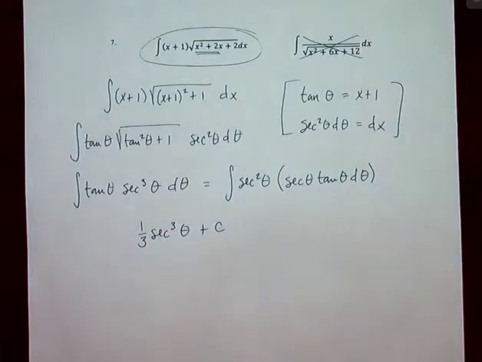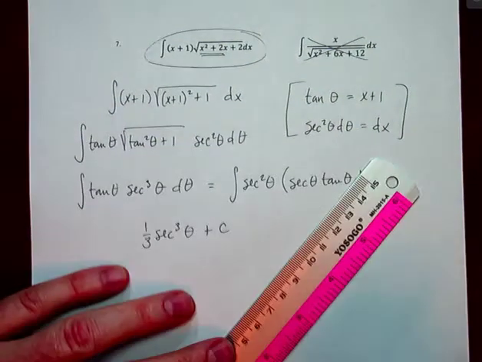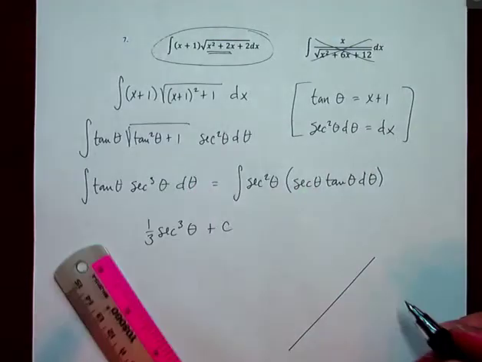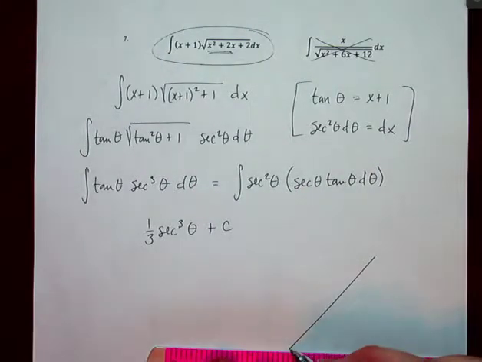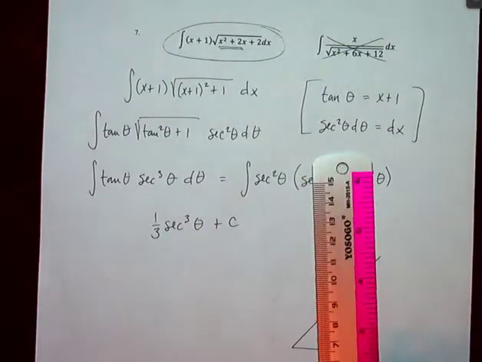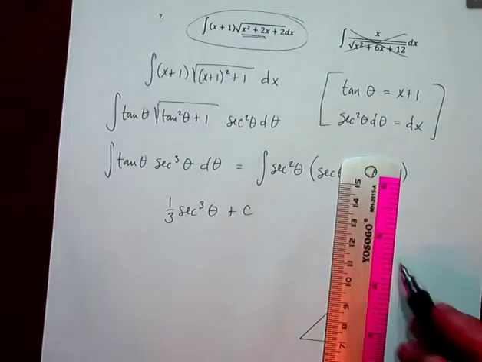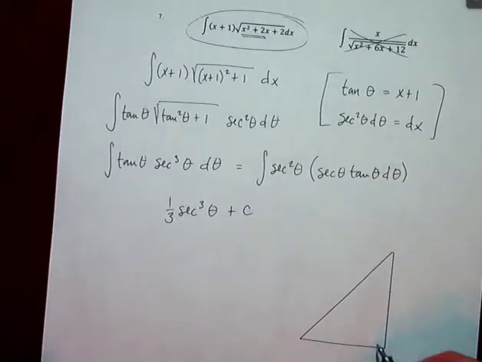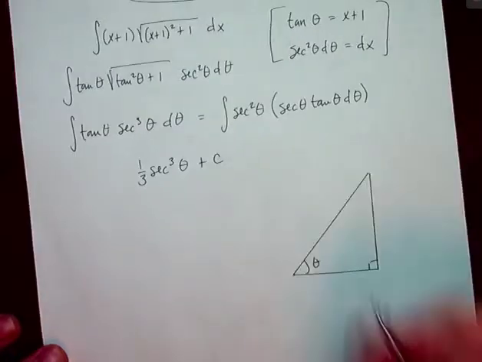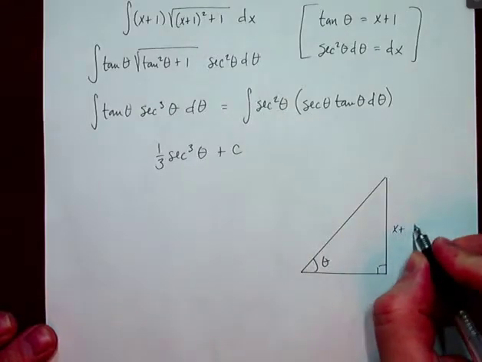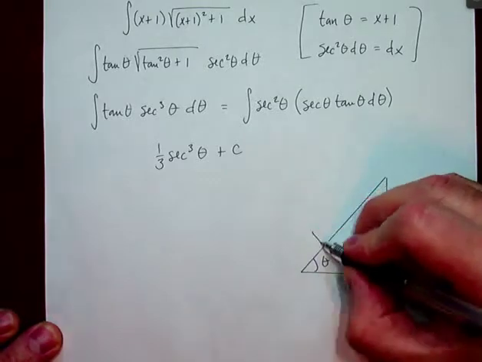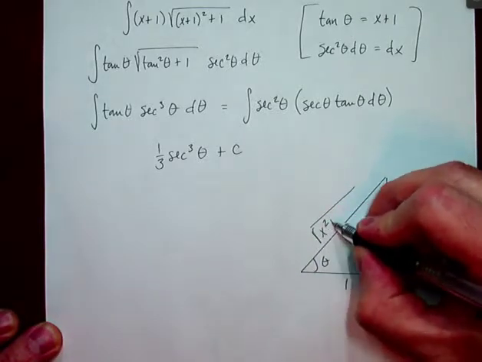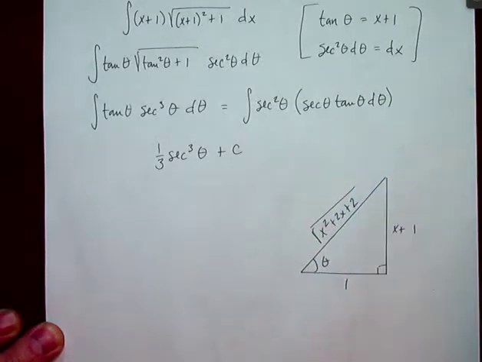Now I simply need to create my triangle. And I have theta right here. Now, the original was x plus 1 over 1, and so it should come as no surprise that this is the square root of x squared plus 2x plus 2 over here.